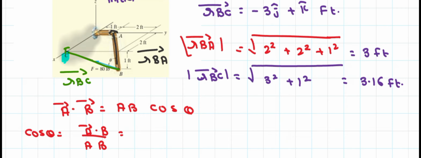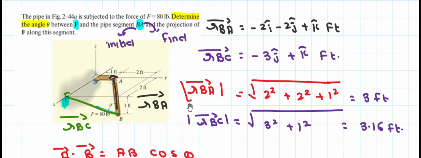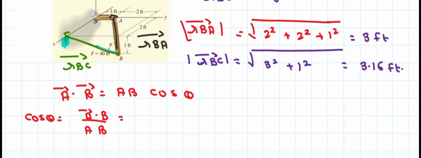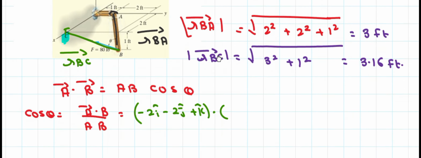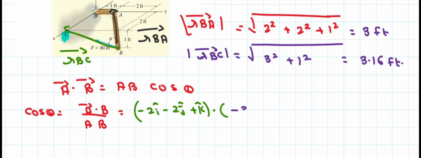So the value of RBA is negative 2i, negative 2j with positive k, dot the value of RBC, which is negative 3j with positive k, divided by A magnitude and B magnitude.